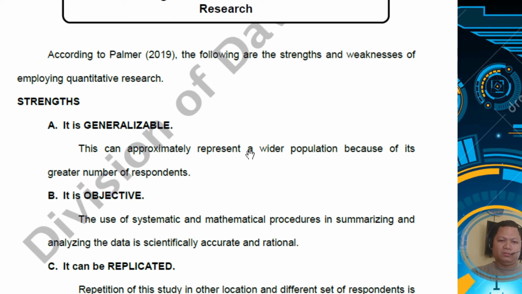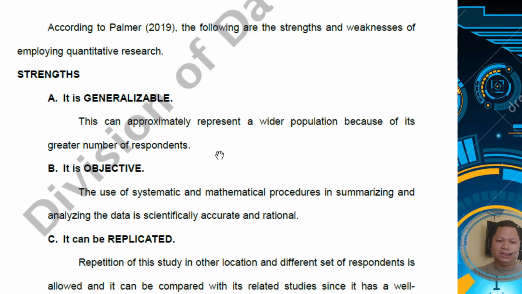It is like surveying a certain class on the TV program that they like the most to watch. If 80% of them would like to watch, for example, Provinciano, you can generalize that they love that teleserye.